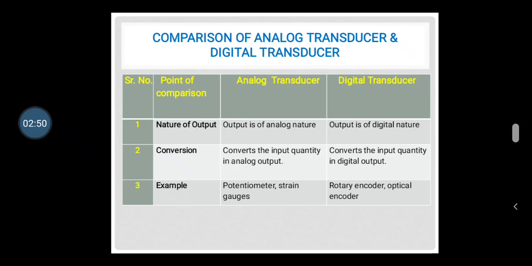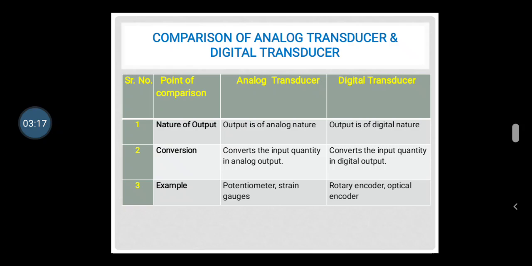Then the next question is, what is the difference between analog transducer and digital transducer? The first and important difference is nature of output. Whenever we consider the analog transducer, the nature of output is analog, while for the digital transducer, the nature of output is digital. Second one is the conversion.